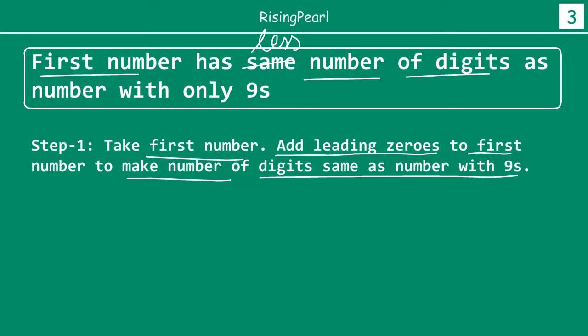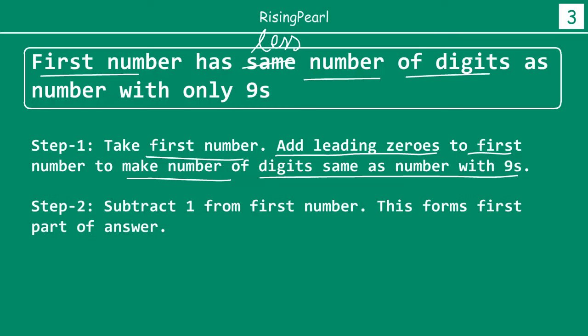So we add as many leading zeros as needed so that the number of digits in the first number is the same as in the number with nines.